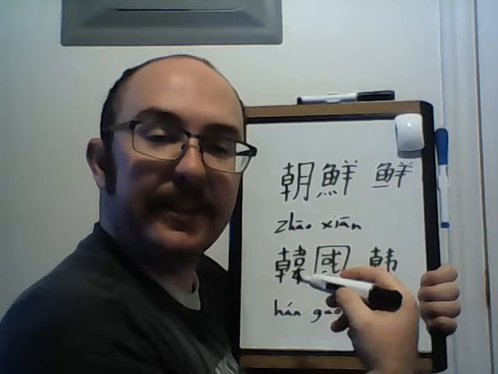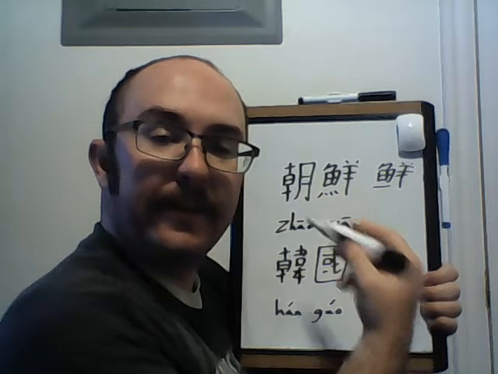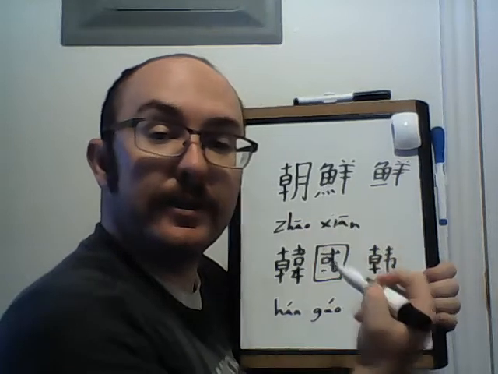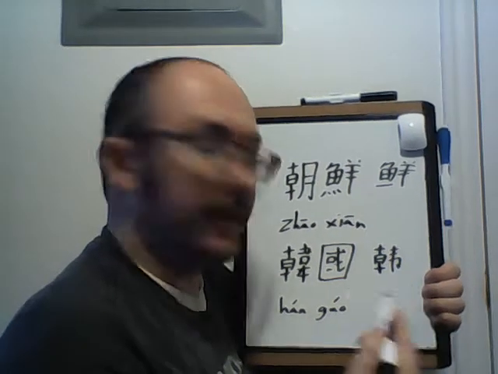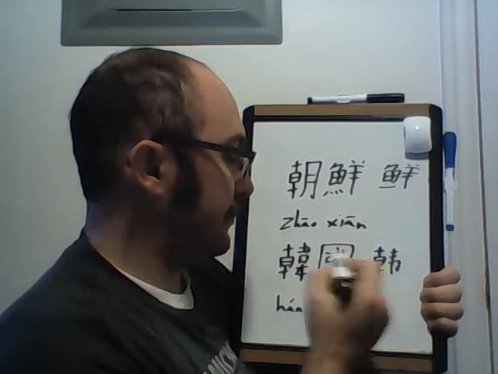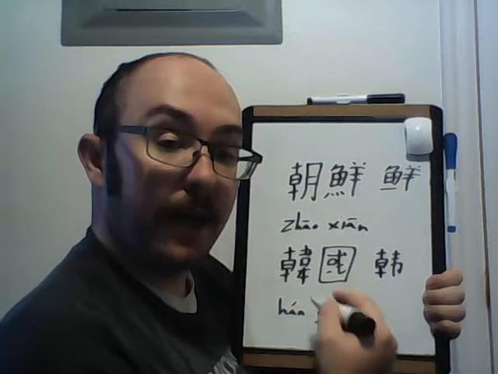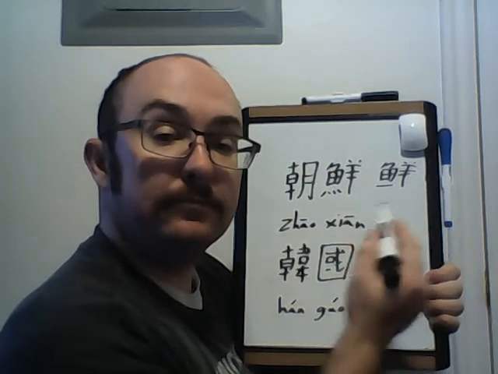So you kind of see it though, the characters do look similar, so it can get kind of confusing to just be like, oh, this one's Korea and this one's Korea. My advice on learning these is just remember that this, or this in front of this, is South Korea, Hanguo, and North Korea is Zhaoxian.